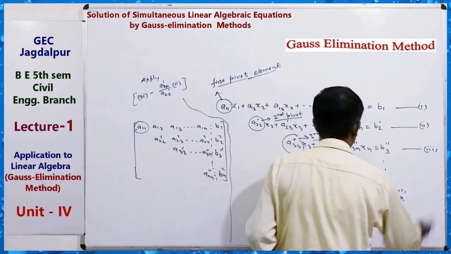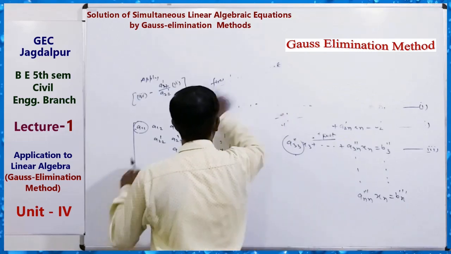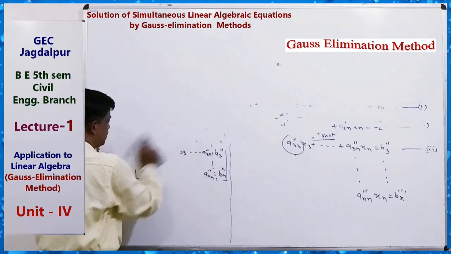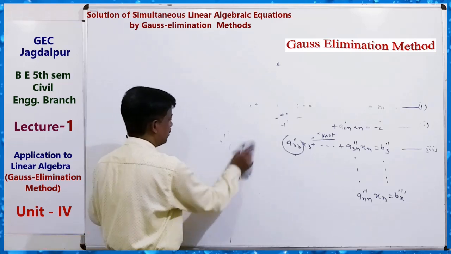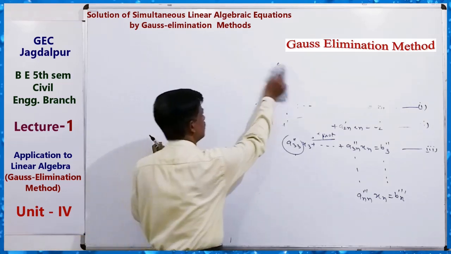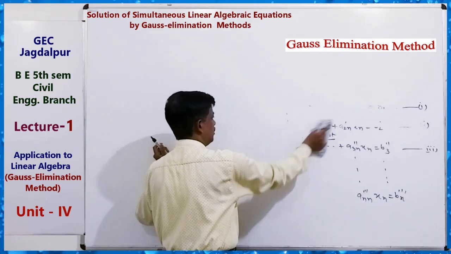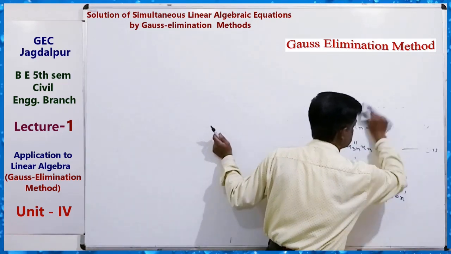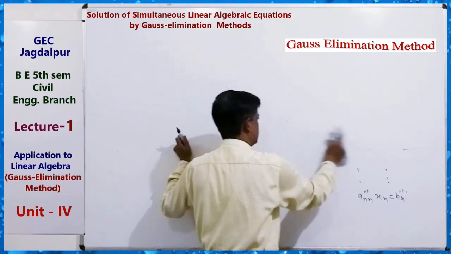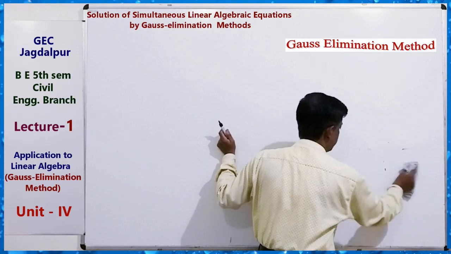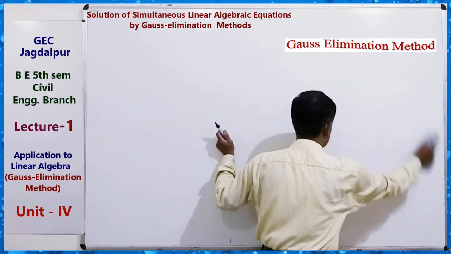So for understanding this method, take questions containing 3 unknowns, and then we will take questions for 4 unknowns, and similarly you can do it for 5, 6, 7 unknowns.